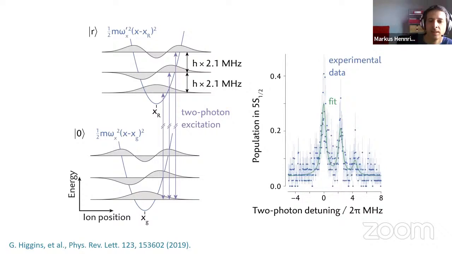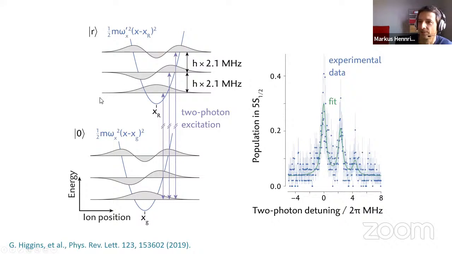On top of that, as I said, this offset electric field applies a force on your trapping potential. Depending on how strongly the ion is confined, it will shift by a little bit more or a little bit less. And since the ground state potential is different from a Rydberg state potential, the shift will be slightly different.